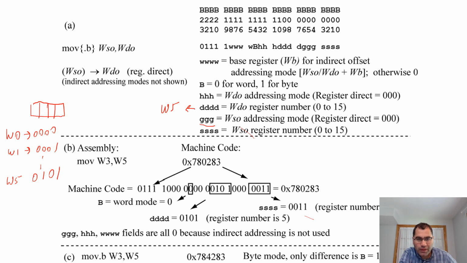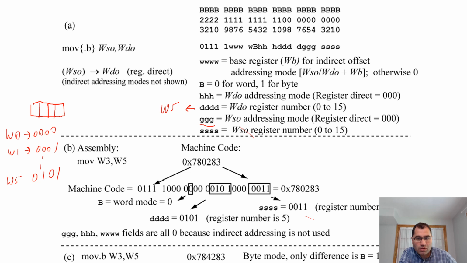So we got SSSS, which is W3, equal to 0011. We got DDDD, it's 0101. GGG, if it is register direct, if it is direct addressing, is going to be 000. And same thing for HHH, if it is direct addressing, it's 000.